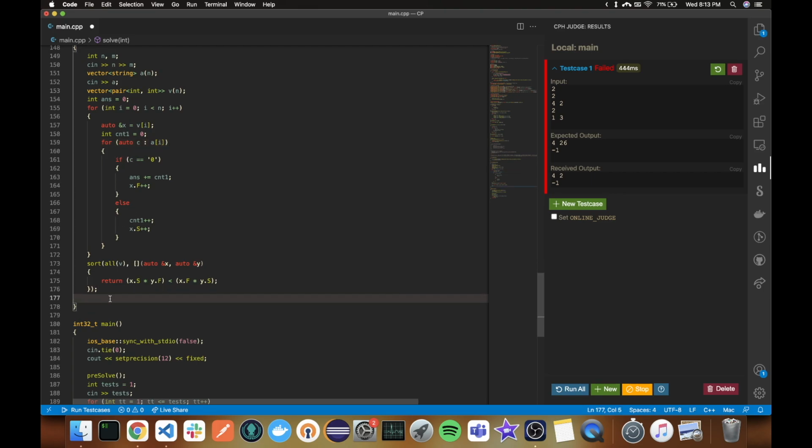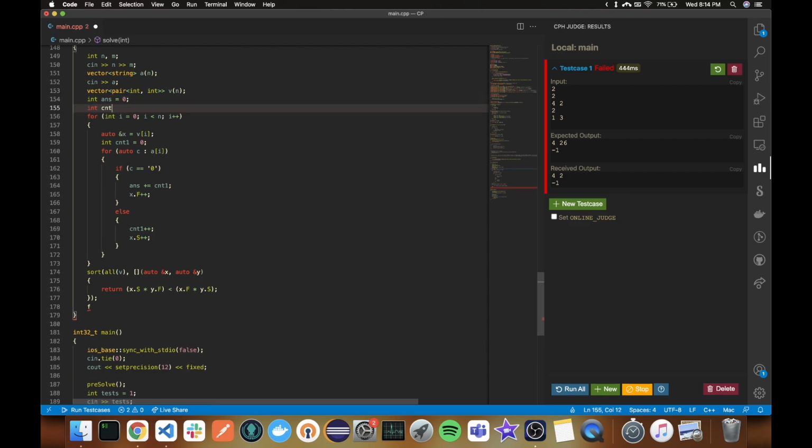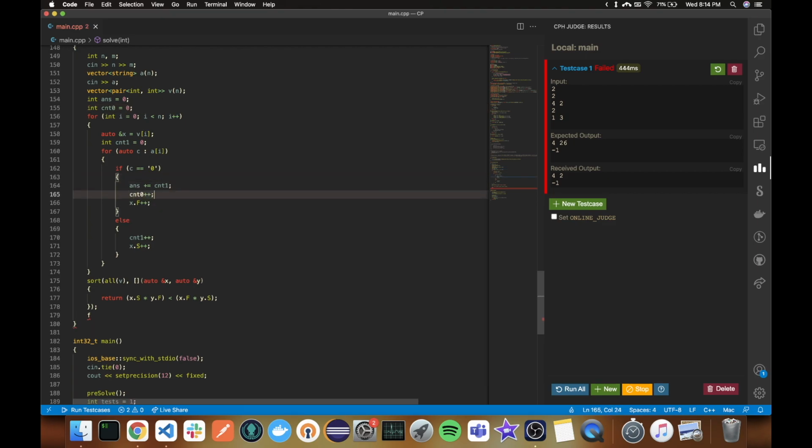And now let's calculate the remaining inversions. So first of all, let's calculate the number of zeros in the entire combination. So I'm also going to do this. For integer i equals 0, I'm just going to do a loop over n0, n1 in v.